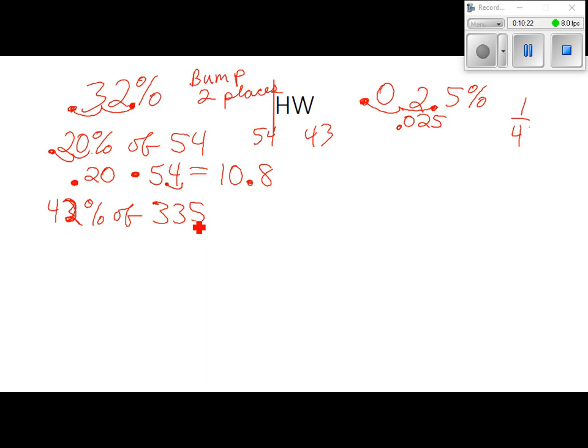What's 10% of $335? $33.50. Everybody see that? 40% is about how many times bigger than that? 4 times. So if I was doing it in my head for my wife, I'd just say 33 times 4.